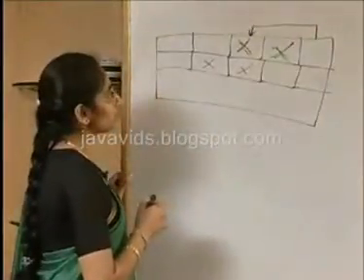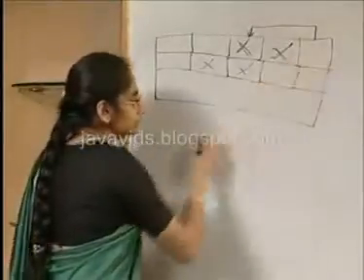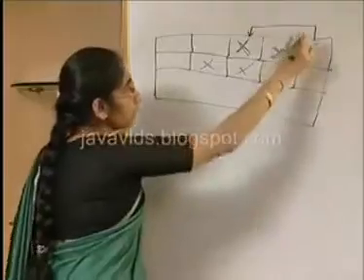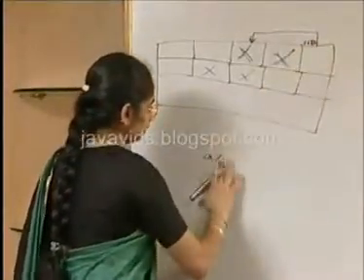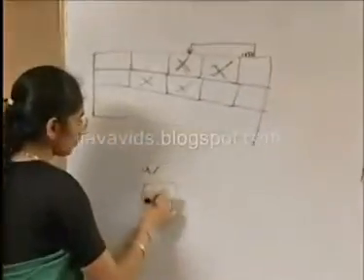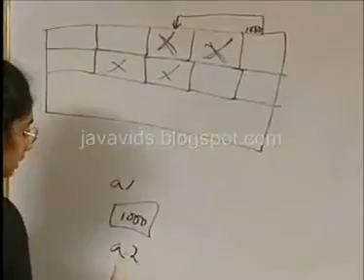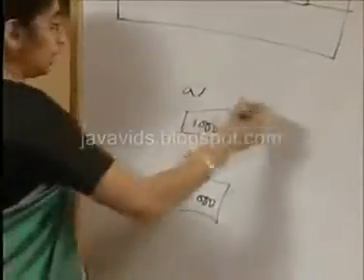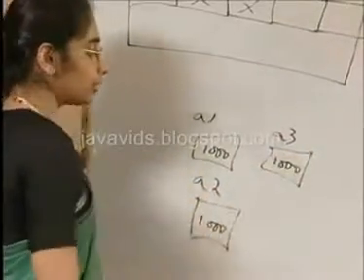When it does this, there might be some object variable, let's call it A1, which is referring to this memory space, let's call it 1000. There might be another object variable A2 also pointing to memory space 1000, and A3 also pointing. You could have multiple object variables pointing to a single memory space.